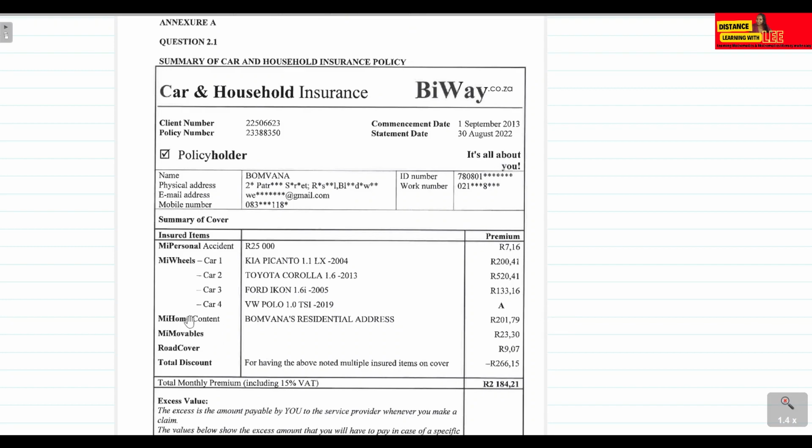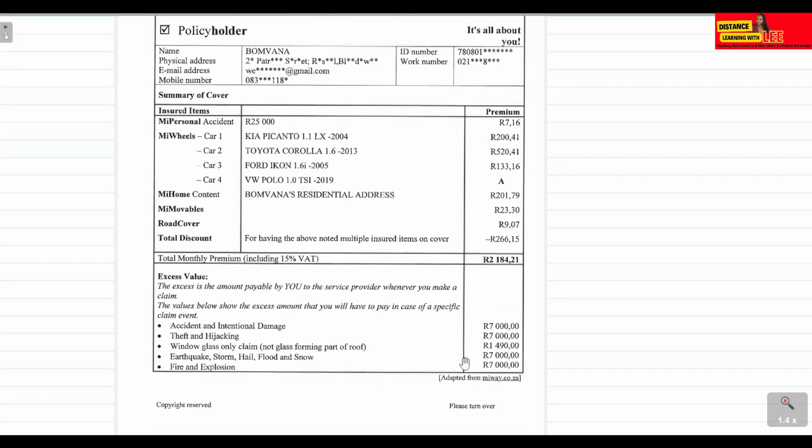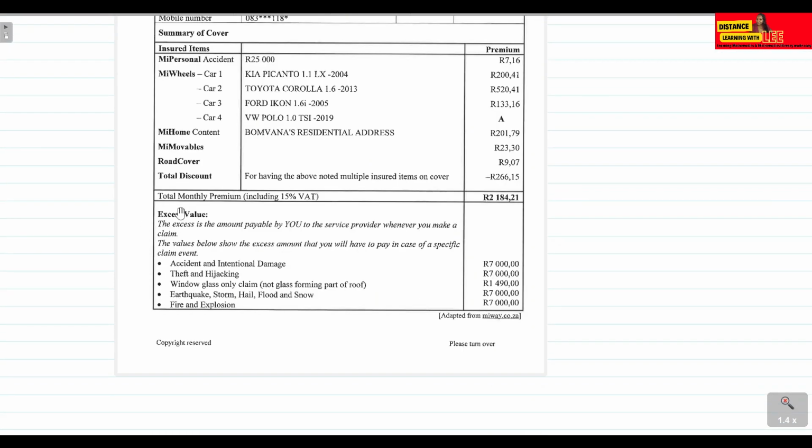We see that he's also insured his home, and he's got road cover, and the discount that he received is 266 rand and 15 cents. We are told the total monthly premium that he pays, including VAT, is 2,184 rand and 21 cents.